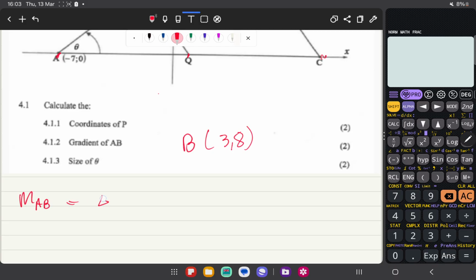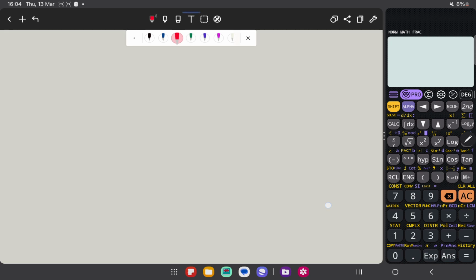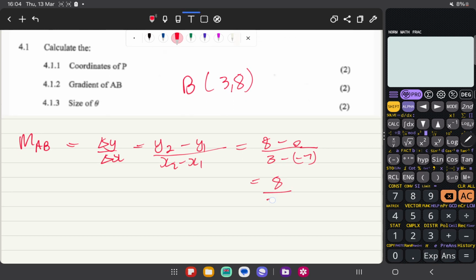The gradient of AB is the change in y over the change in x. Let me use y2 minus y1 this time, over x2 minus x1. Then what do you have? You have 8 minus 0 over 3 minus minus 7, which is 8 over 3 plus 7.